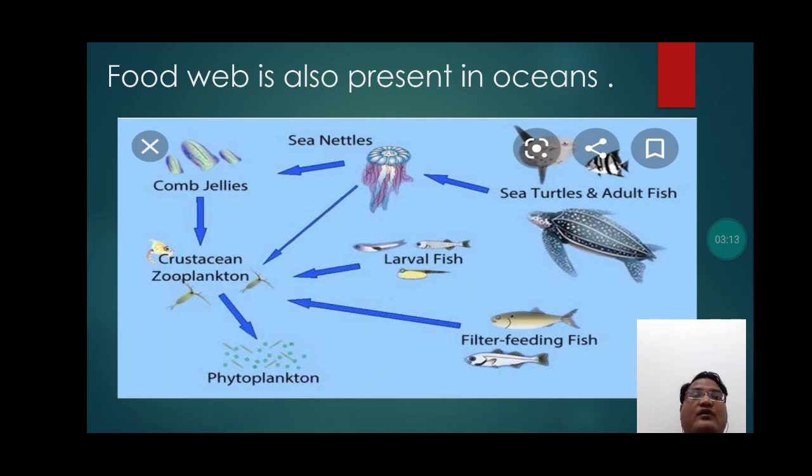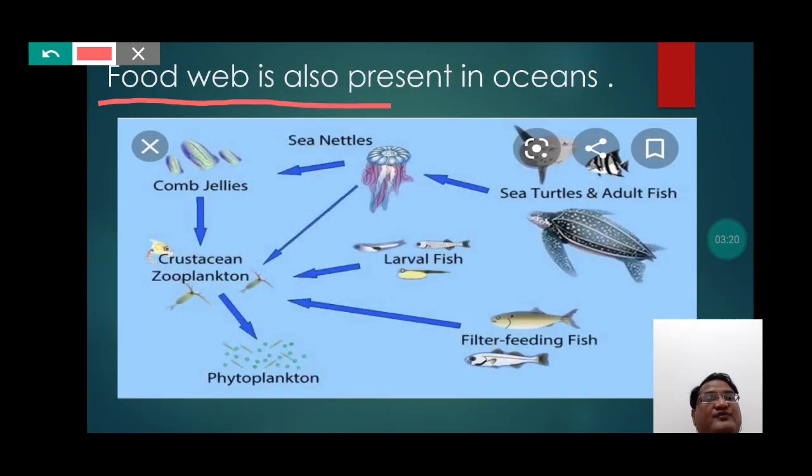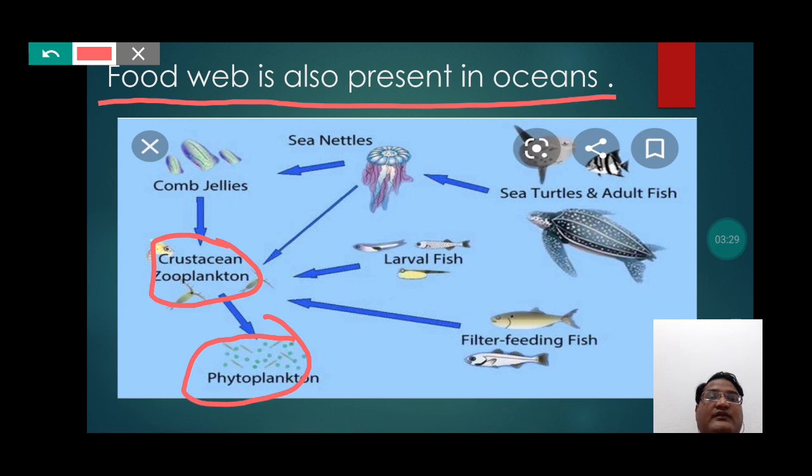Food web is also present in oceans. The food web present in the oceans comprises the phytoplanktons, the zooplanktons, and a huge number of other aquatic organisms which obtain their nourishment from it.